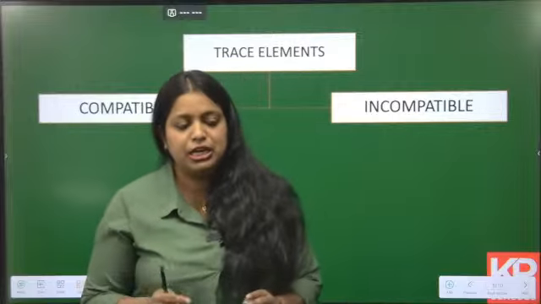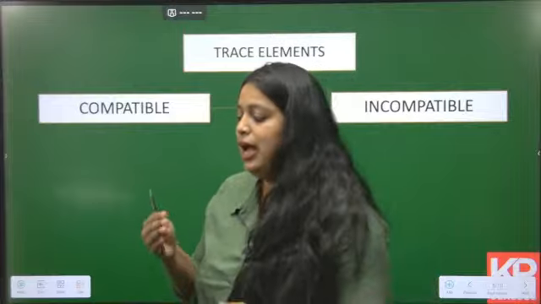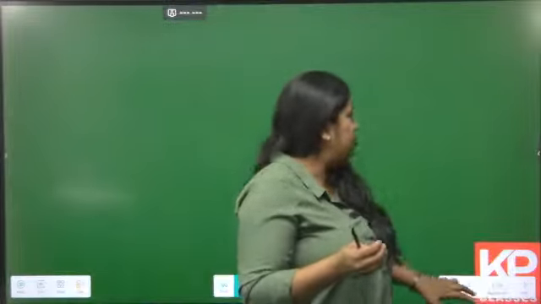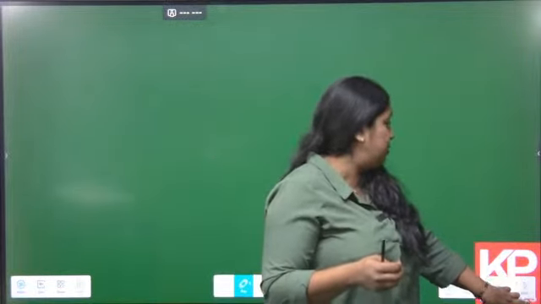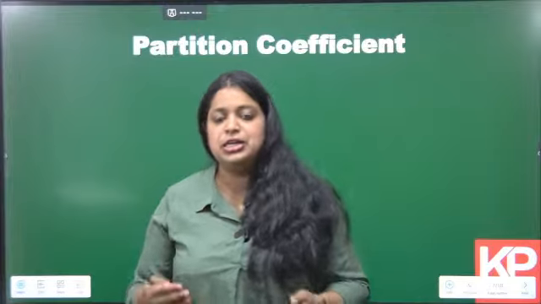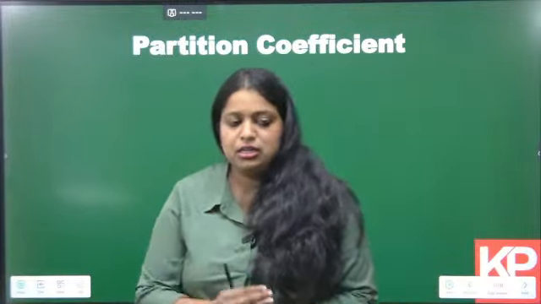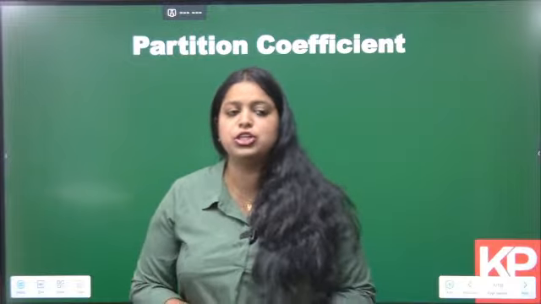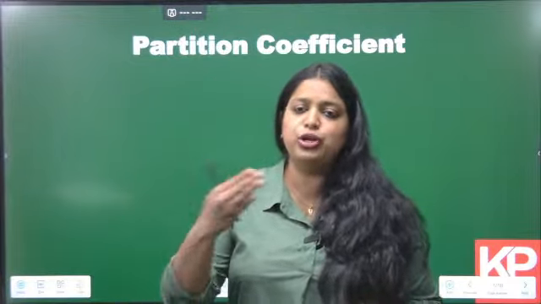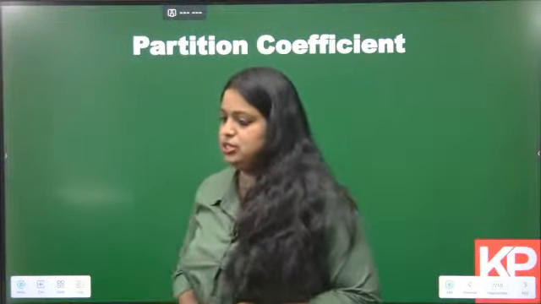They will give you graphical questions associated with incompatible and compatible elements. And how do we measure whether an element is compatible or incompatible based on the concentration? The ratio of the concentration of an element in the solid to the concentration of the same element in the melt during crystallization or during melting is called the partition coefficient.